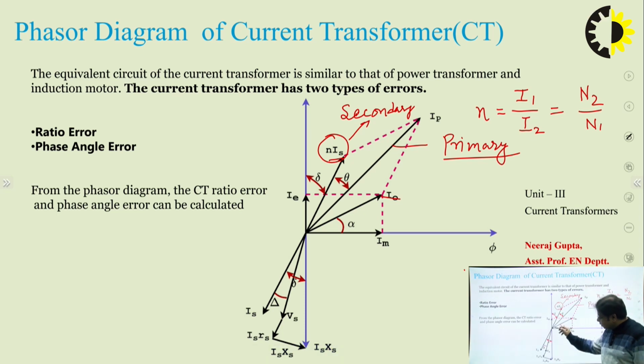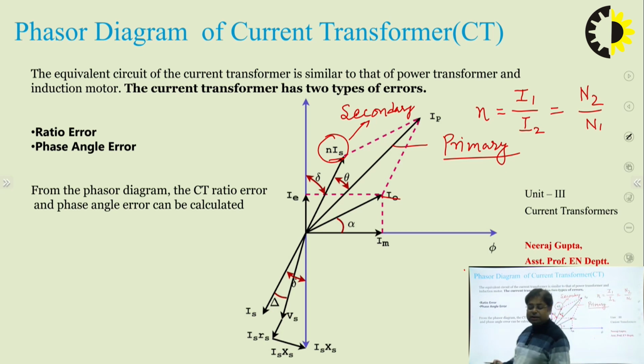The resultant of all these will give us ES, that is, the secondary induced voltage. So this is the complete phasor diagram of the transformer. This is the general transformer, and it happens in all transformers. Now, what about the particular phasor expressions, where we can find the expressions for ratio error and phase angle error?